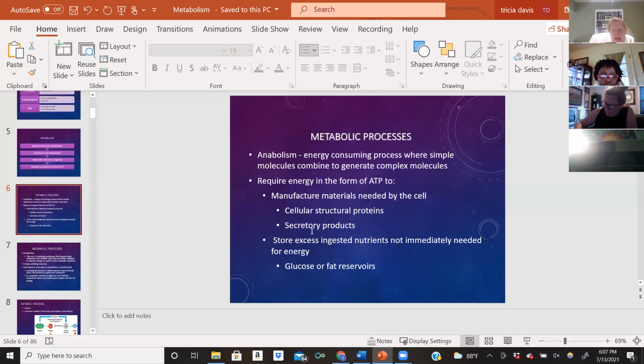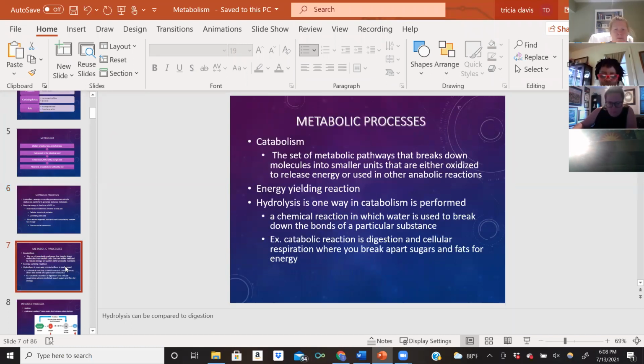It can also make secretory products. It also can store excess ingested nutrients not immediately needed for energy for a later time. A good example of that is glucose and our fat reservoir. So if we don't have enough fat, or we go on a diet and stop eating, we have stuff to hold us over.